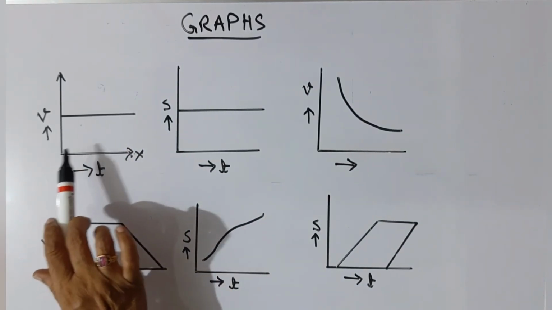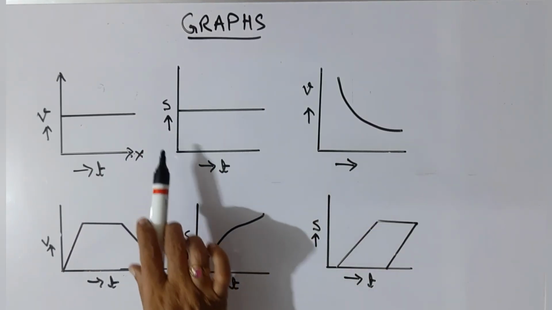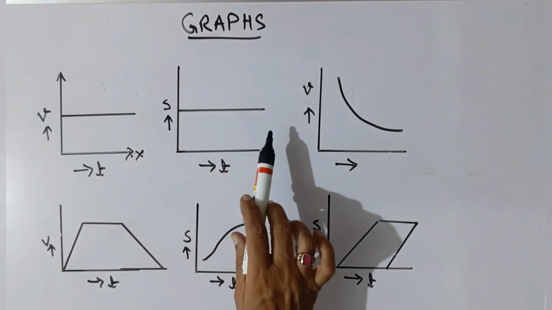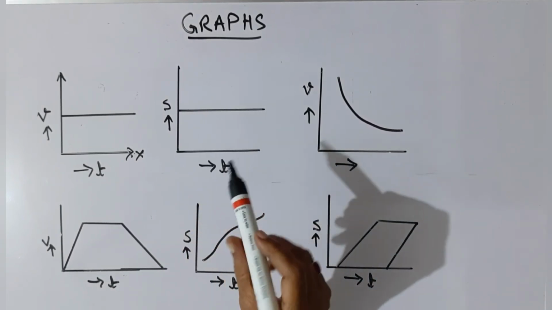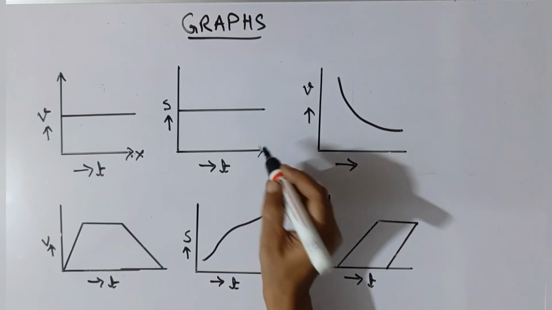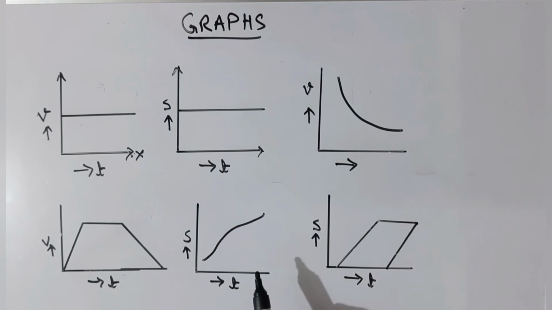So the object is moving with a uniform speed. In this graph, it is a distance time graph. Here again, this is a straight line parallel to the x-axis. We can say the object is at rest and its speed is 0.